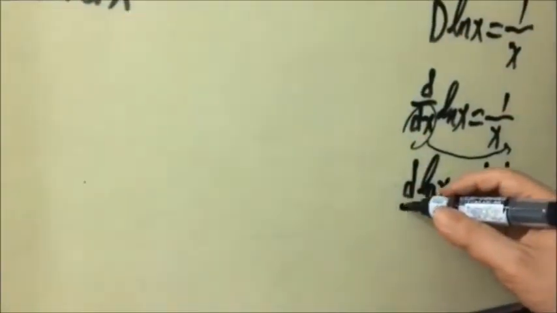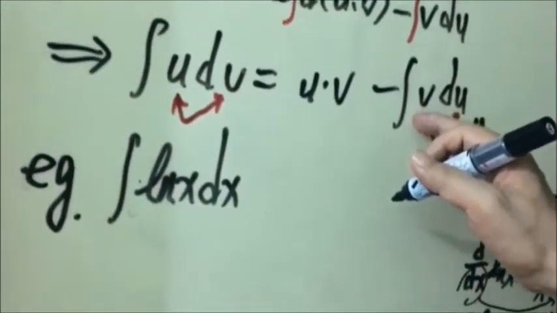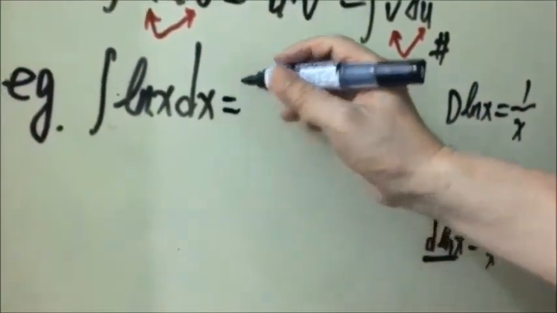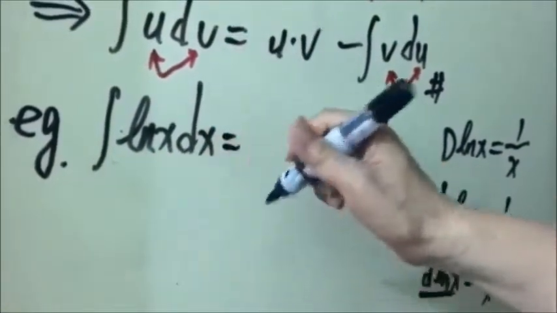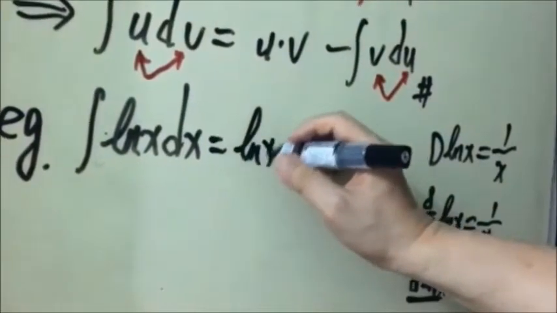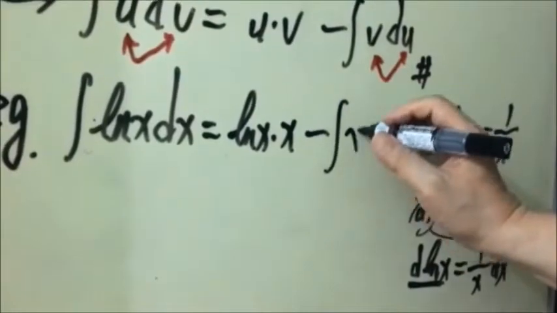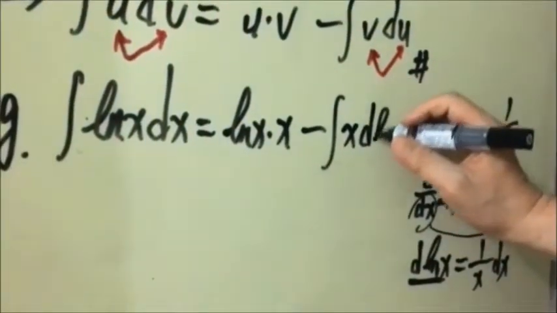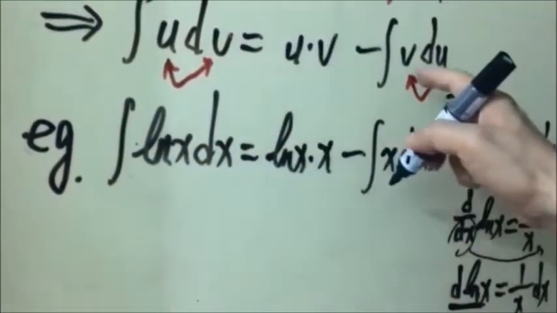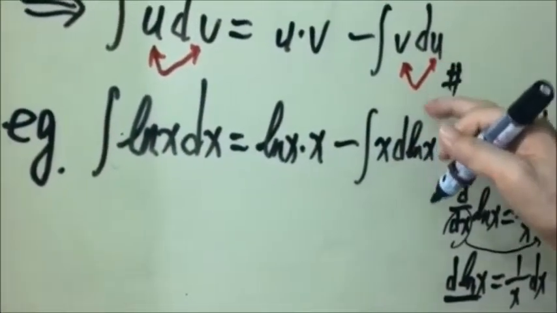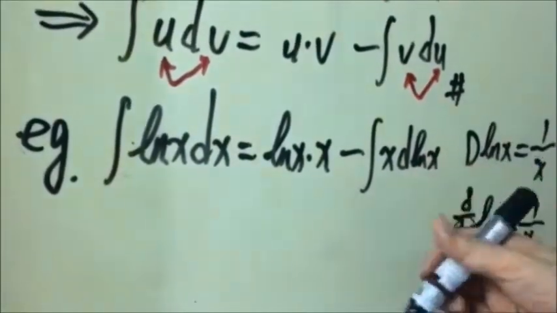This differentiation formula is just like here. If you change the notation, u becomes natural log x and v becomes x, minus the integral of v, which is x, and the d of natural log x. So you will see u and v change position: u is natural log x, and v is x.